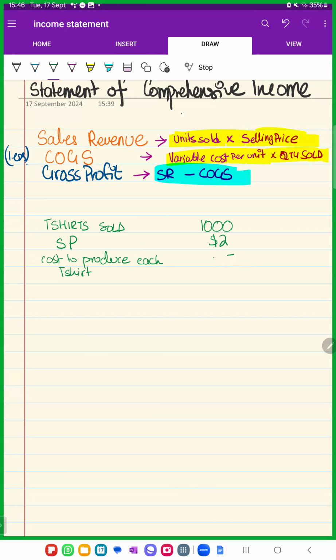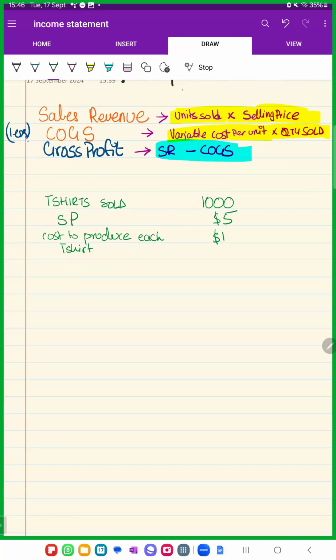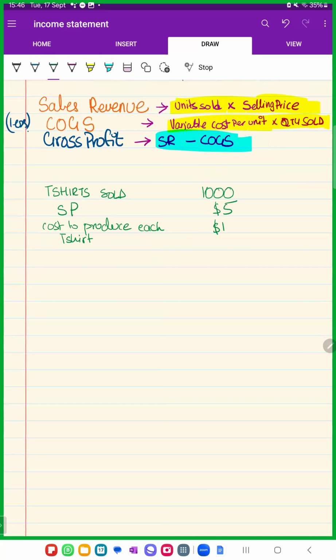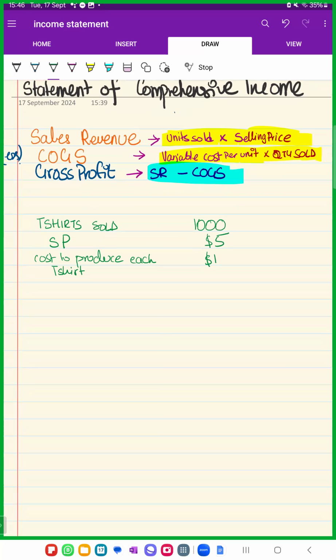Okay, let me make it easy. $1. The cost to produce each t-shirt was $1. Now I want you to calculate the sales revenue, the cost of goods sold, and the gross profit.